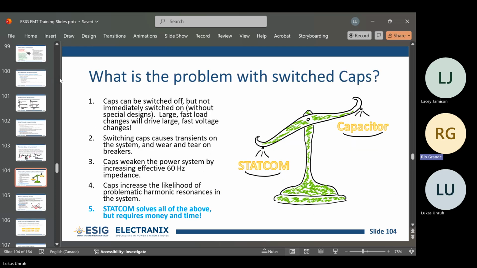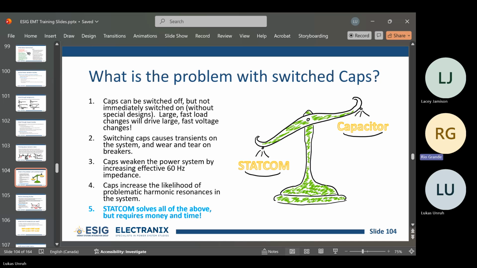And there's a bit of a sidebar on other reasons that switch caps are bad, I guess. One, of course, is that switching caps causes transients on systems, and the other thing it does, it can weaken the system by increasing the 60 hertz impedance of the network.